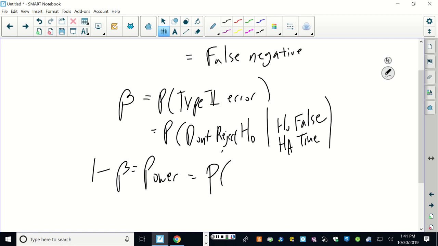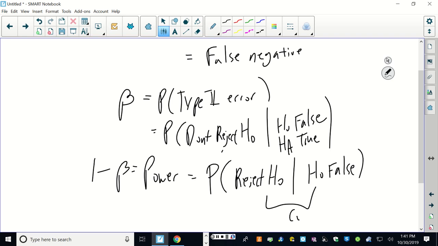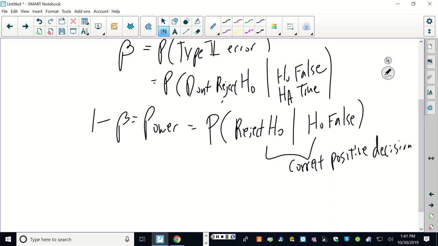So this is the probability that you do reject the null hypothesis and make a decision that leads you to change when H0 is false. So when you reject the null hypothesis when it's false, that's a correct positive decision, in terms of positively making some decision or requiring you to do something.